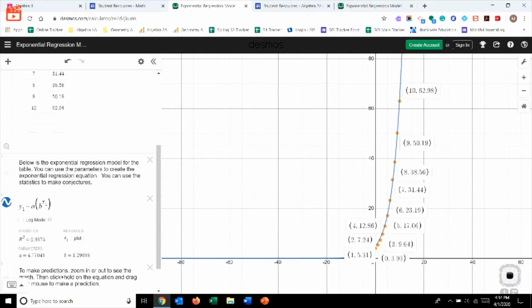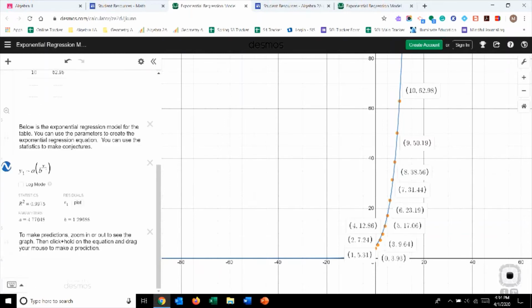And then let's look to see what A is and what B is. So A is 4.77, B is 1.297 if I round that. And we're going to use those values on the next page, on page 50, to create our equation.